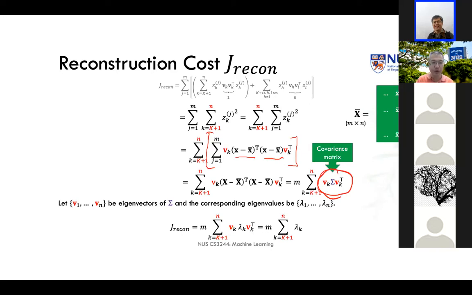Okay, so we end up with the eigenvalues over here. If you remember your linear algebra, you use singular value decomposition, you will get from the covariance matrix a set of eigenvalues for each of the dimensions, right?